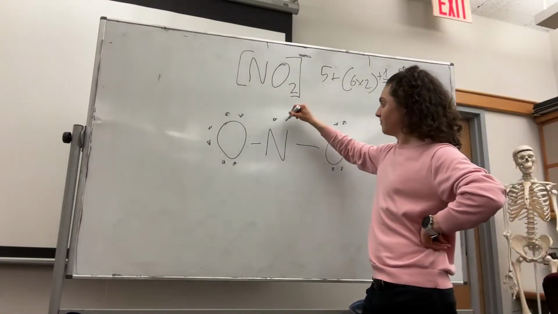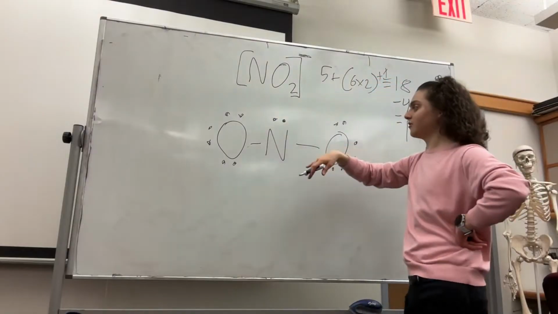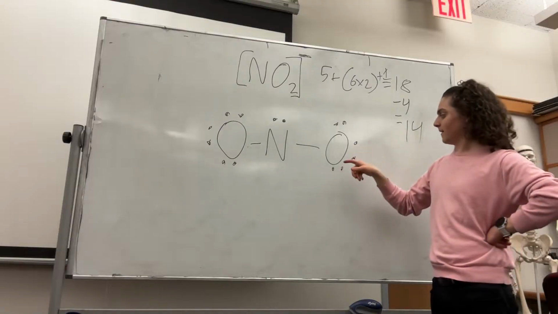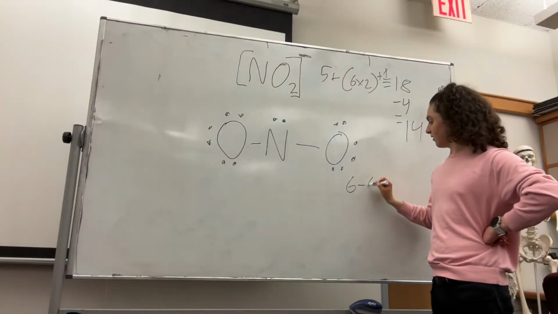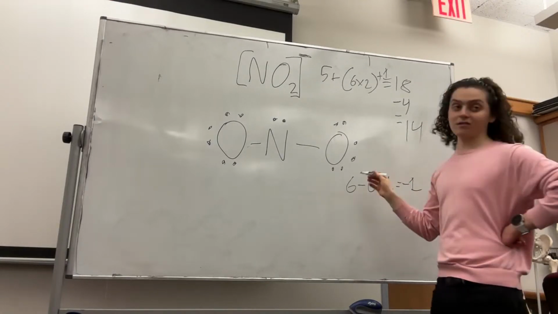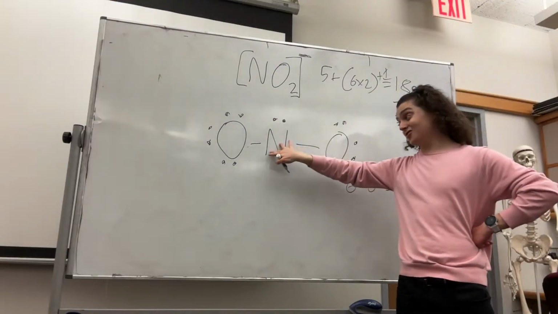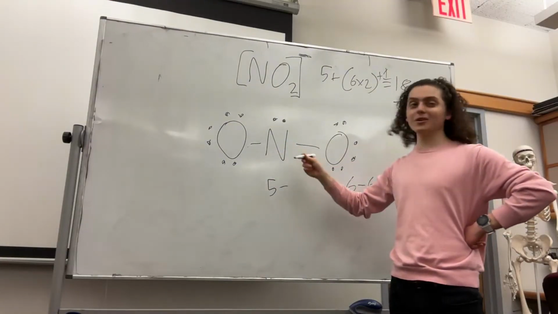Okay, so now I have 2 electrons that I dump onto the nitrogen. Here, there are 2 problems. Number 1, this oxygen, if you do 6 minus 6 minus 1, has a negative 1 formal charge. That's not great, but it's okay because oxygen has an octet. But this nitrogen, if you do 5 minus how many lone pair electrons?